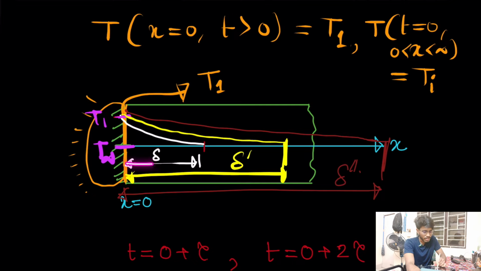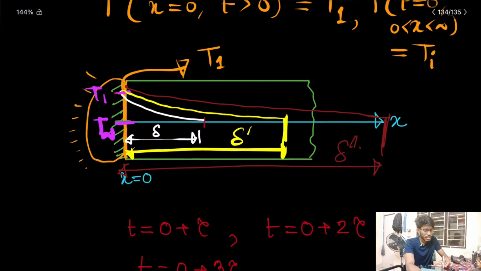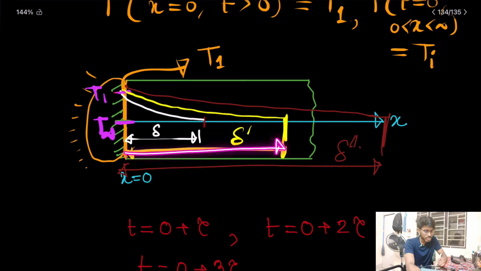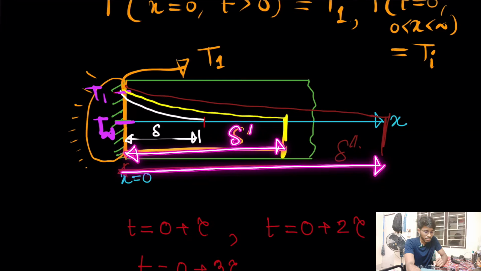That is, at a particular time tau, the heat penetration depth is delta, and at a particular time 2 tau, it will be delta dash, and after a particular time it will be delta double dash.